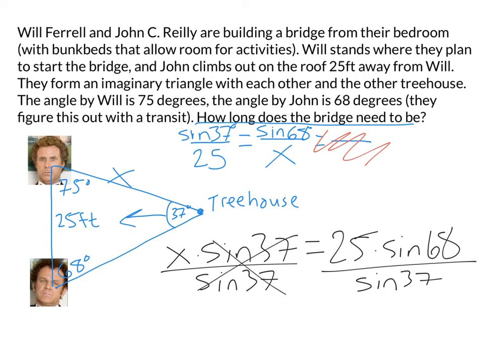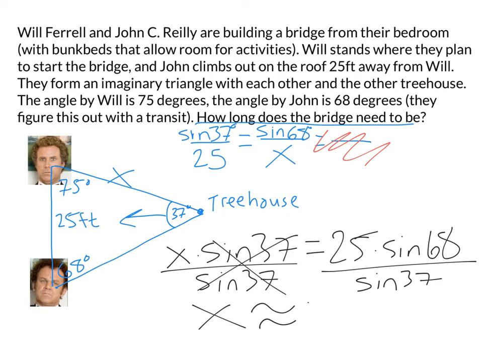So this goes away, I'm just left with x equals, well now it's calculator city. Let's type this bad boy in. So I've got 25 times the sine of 68. That's about 23.2, roughly, 23.1795, and so on and so forth. And I'm going to divide that by the sine of 37.